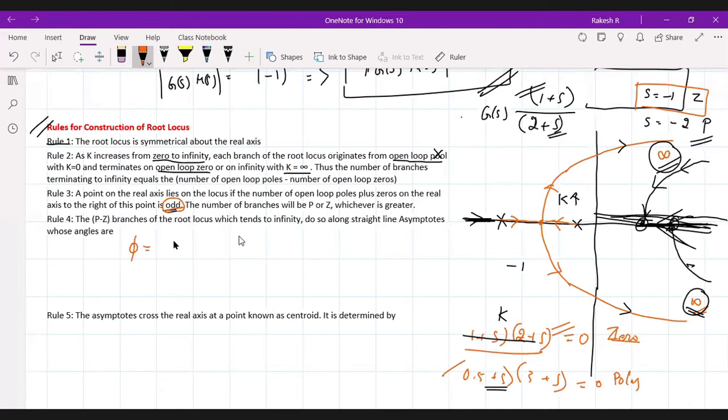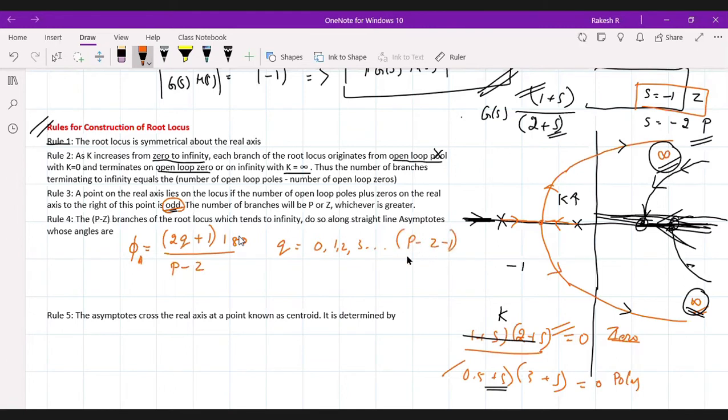Phi of A is 2q plus 1 into 180 divided by P minus Z. Q is 0, 1, 2, 3, etc. up to P minus Z minus 1.